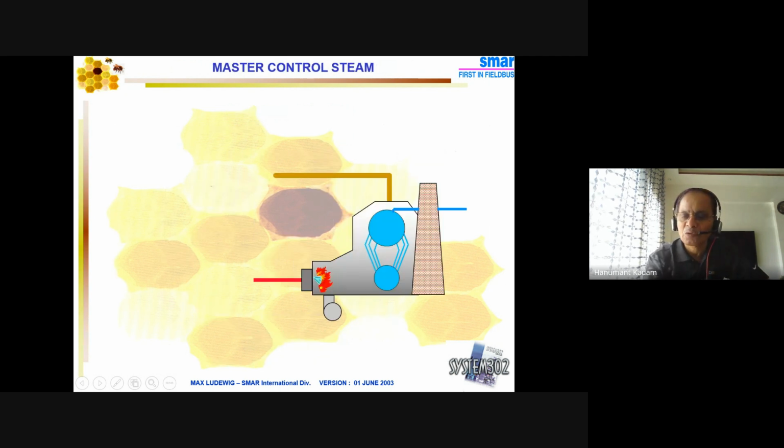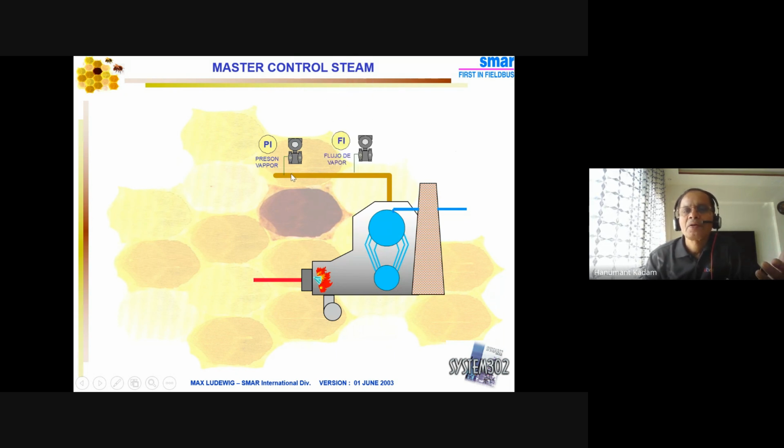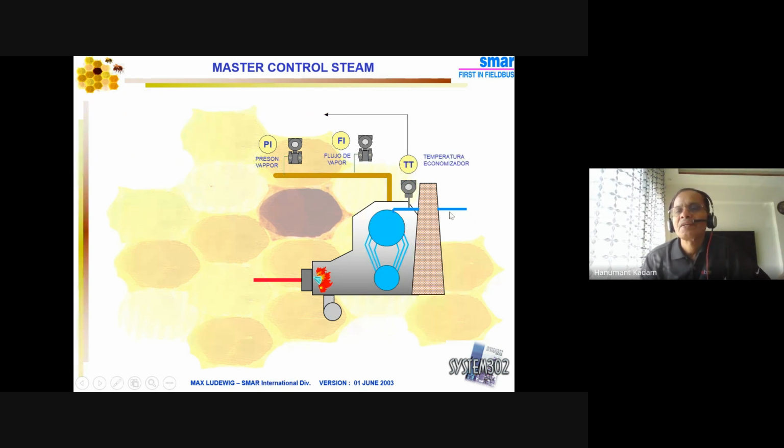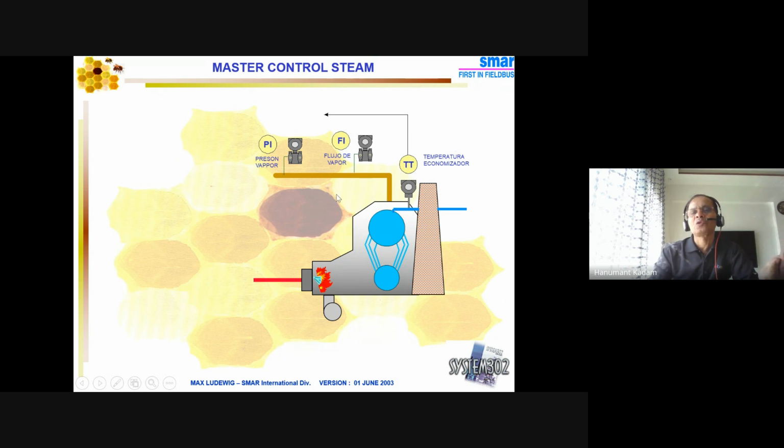If you see the control strategy here for steam, the master steam control, first there is a pressure transmitter, then a flow transmitter, then the temperature at this point, the economizer point. For final steam control, you need these important measurements: temperature transmitter, flow transmitter, and pressure transmitter.